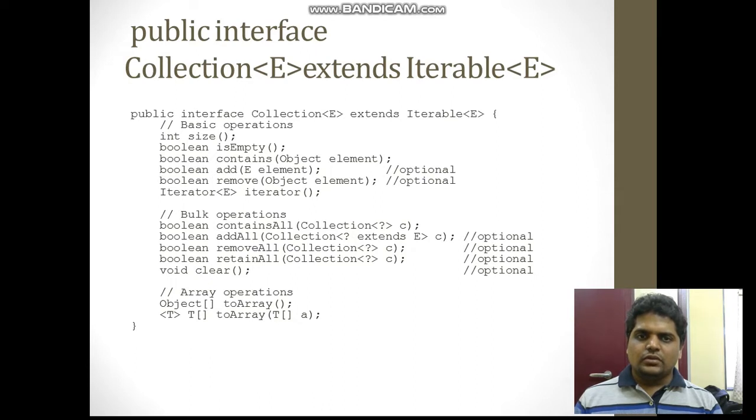It has some basic operations: size, isEmpty, contains, add, remove, iterator. Note here that add and remove are optional. Also, we have the iterator method of the Iterator interface, and these are some basic operations.